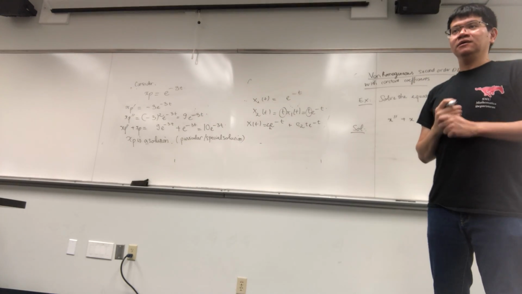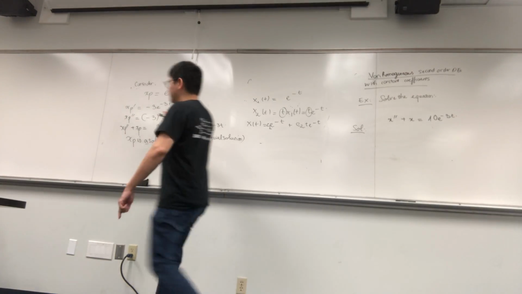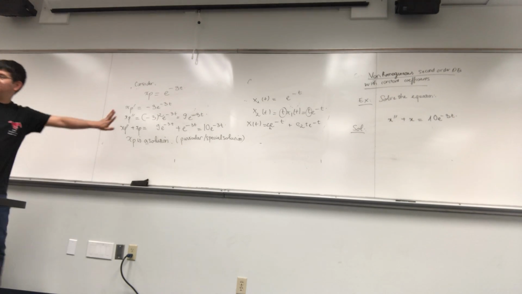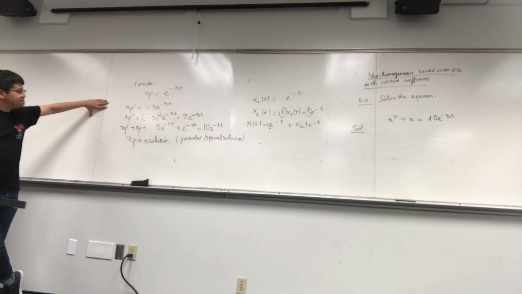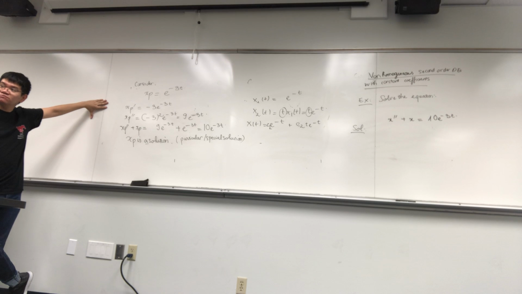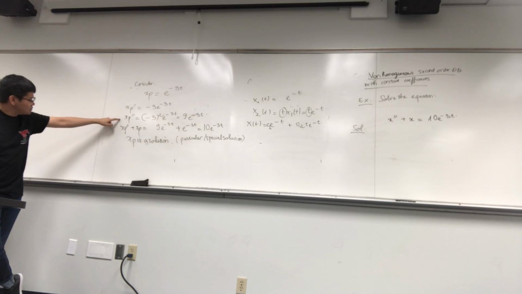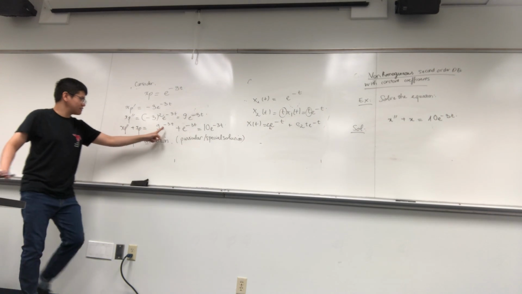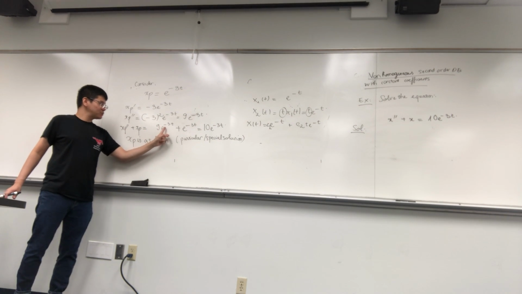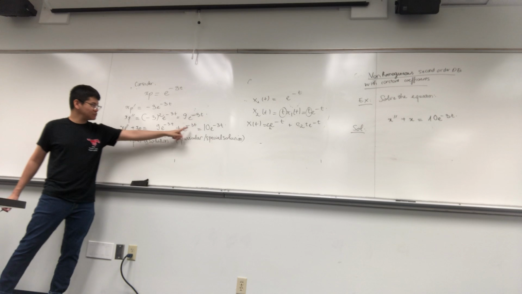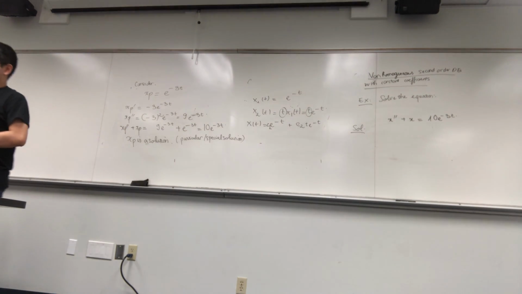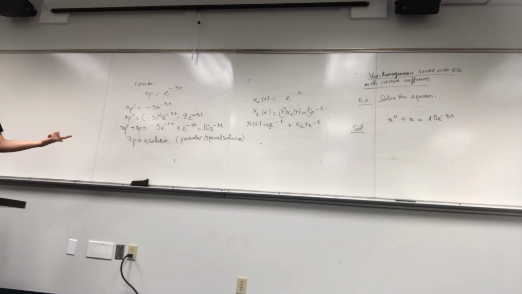Is it clear? So, I explain again. Now I pick up one function which is exponential of minus 3t. I plug it into the equation. So xp double prime will give me 9 times exponential minus 3t, and xp gives me exponential minus 3t. So you take a sum, you get 10 times exponential of minus 3t.